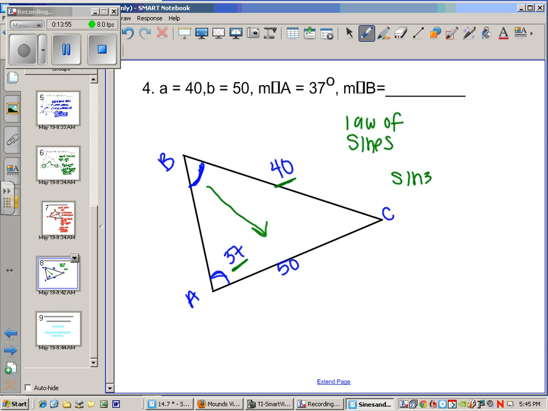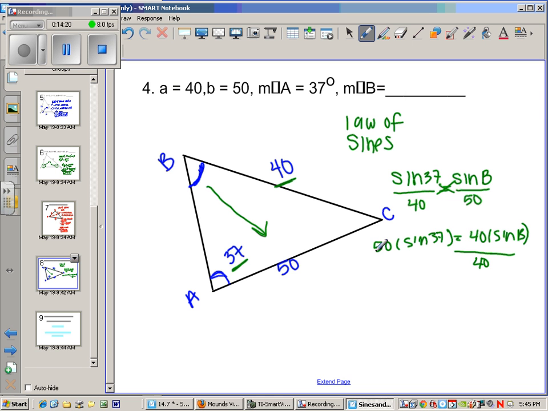So I'm going to set this up. I get sine of 37, which is angle A, over its opposite side, which is 40, is equal to the sine of the angle I don't know, which is B, over its opposite side, which is 50. Cross multiply, I get 50 times the sine of 37 is equal to 40 times the sine of B. And I know I'm going to have to solve for B, so I'm going to divide by 40 right away.